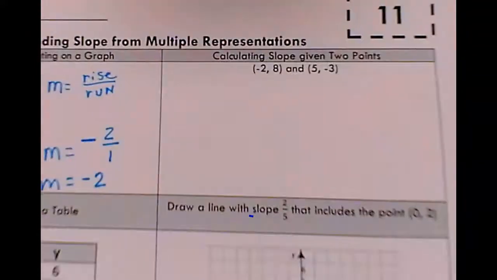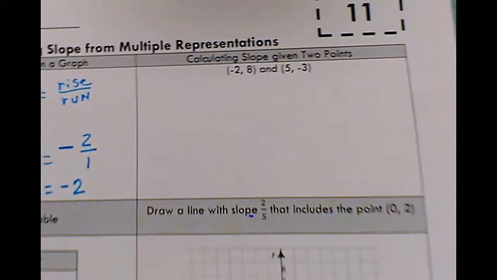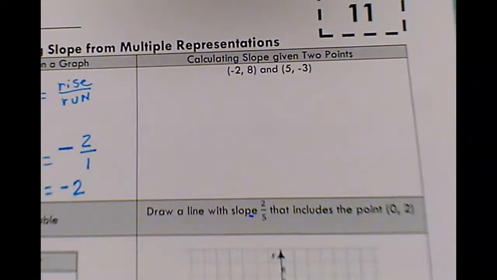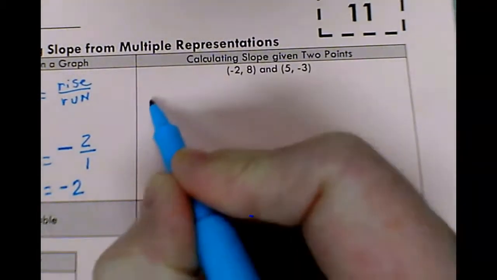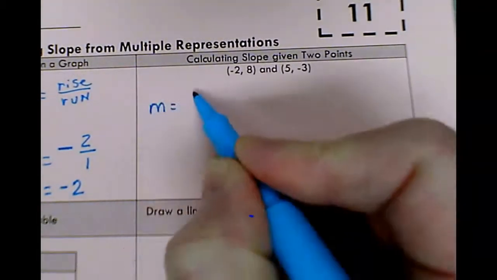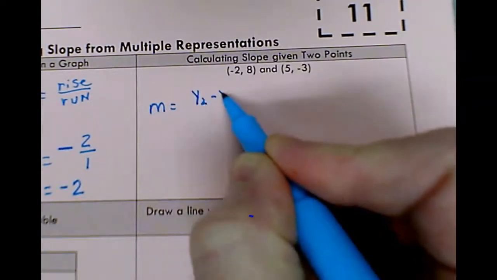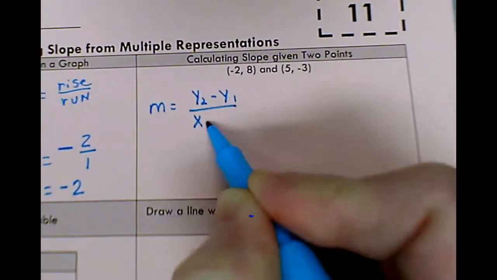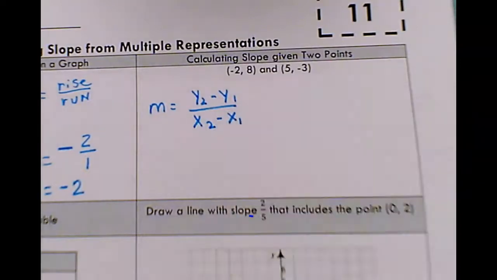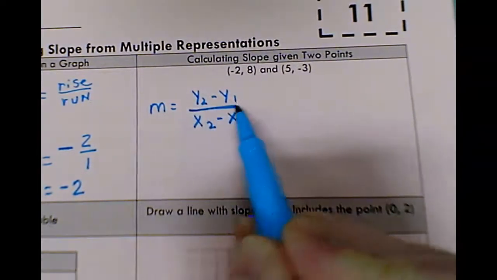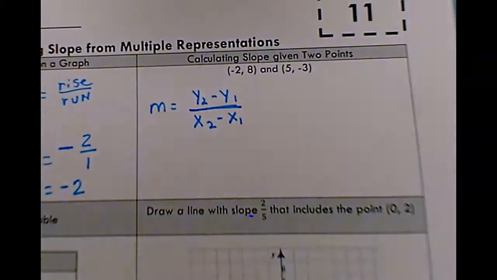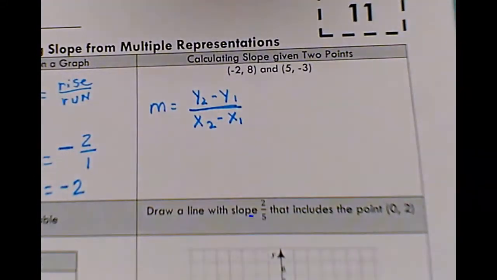Okay, how do you find the slope if you're given 2 points? Well, if you're given 2 points, you find the slope using the slope formula. It is very important to remember that the y numbers go on top of the slope formula because that would give you the rise up direction.